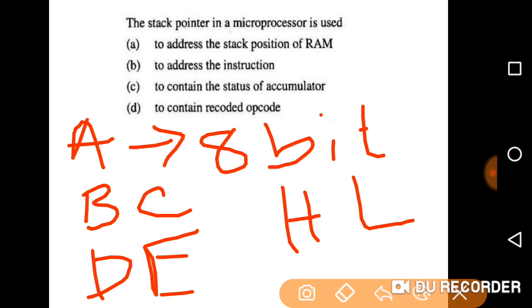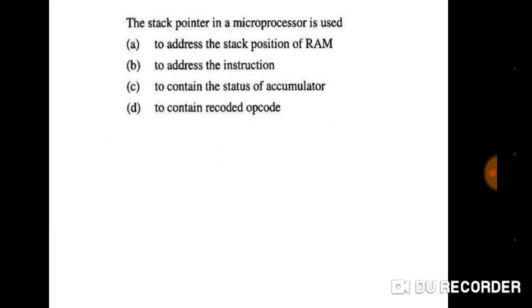These are present as pairs. Each contains 8 bits and the pair creates 16 bits. Okay, and the remaining important registers are PC.